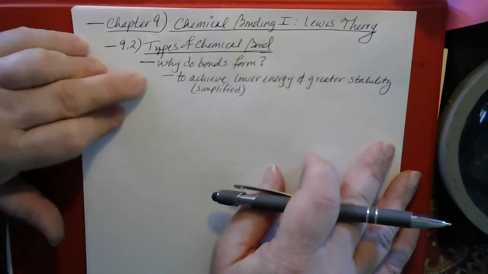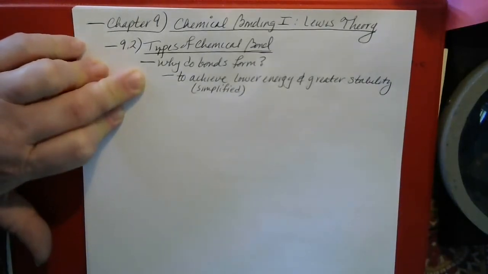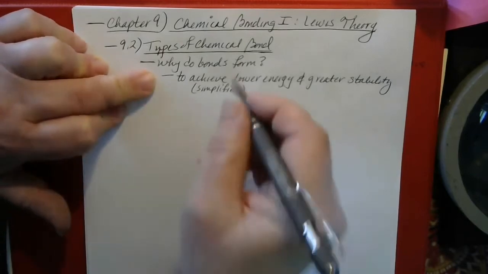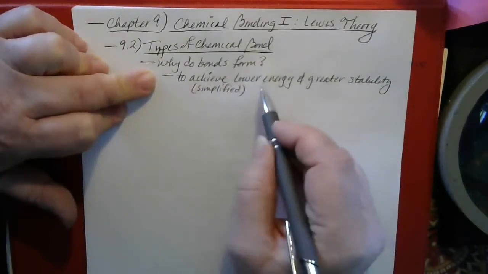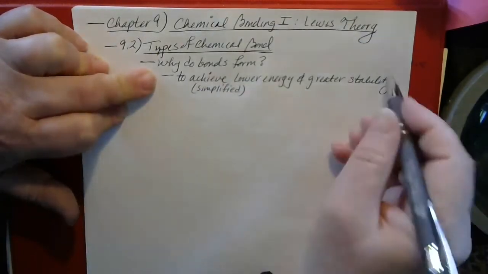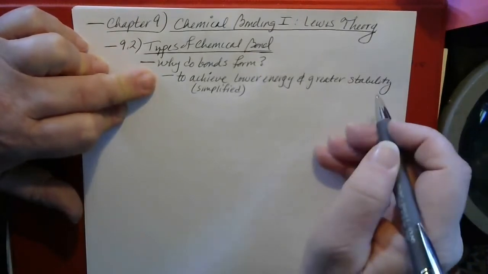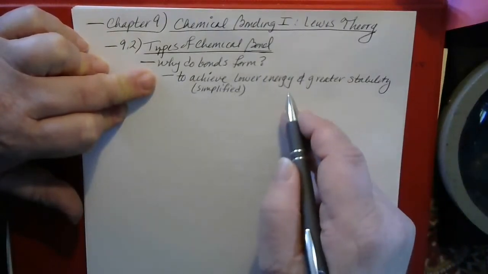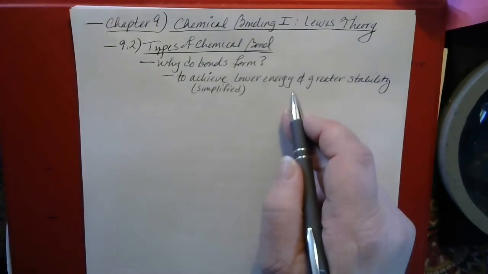First of all, let's start with the basics of why does bonding occur. A simplified version, which is good enough for most purposes, is that bonding occurs because atoms are more stable that way.